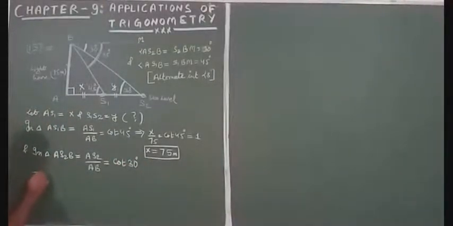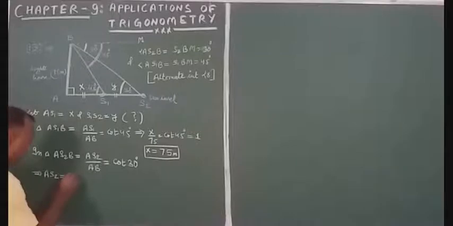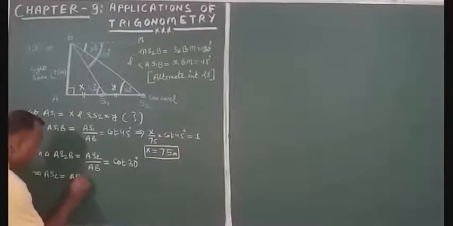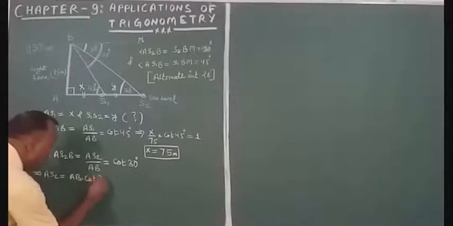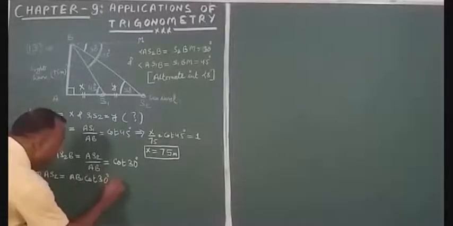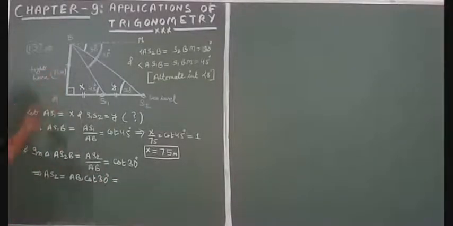Therefore AS2 will be how much? AB into cot 30. What is the value of AB? 75 meter.